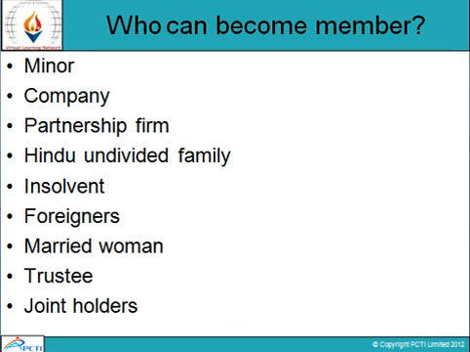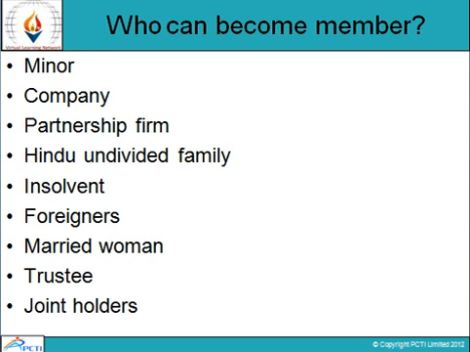Who can become members? First one is minor. According to section 11 of the Indian Contract Act, a minor is incompetent to contract. Therefore, he cannot become a member of the company. Second, company.